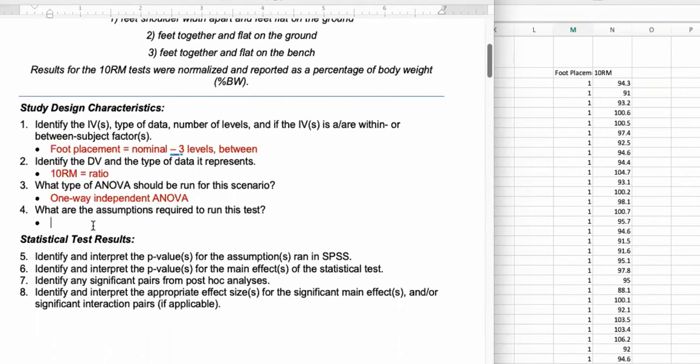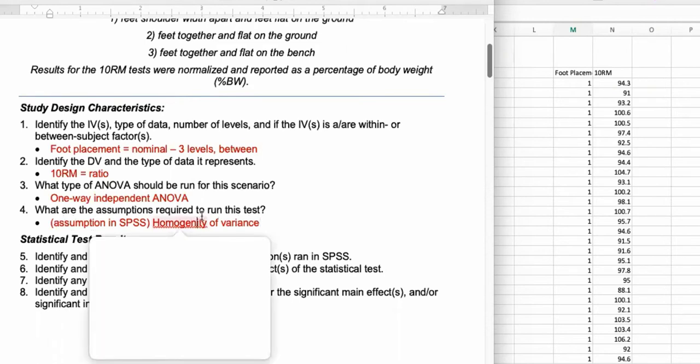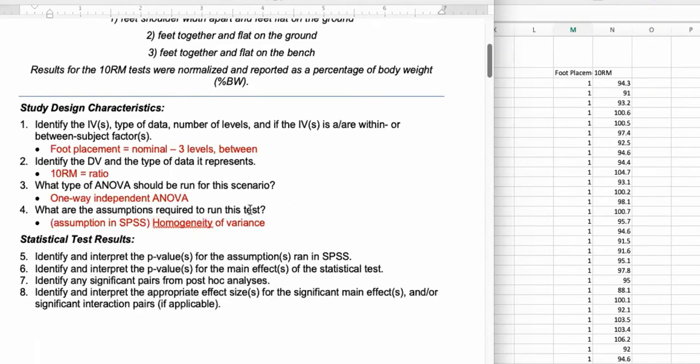And then the assumption that we'd be running in SPSS, I'll type this one out so that we have a reference to it, will be homogeneity of variance. Okay. So rule of thumb for between subject independent variables, you always have to run homogeneity of variance on those. If you have a within subject factor, then you're looking at sphericity. Okay.